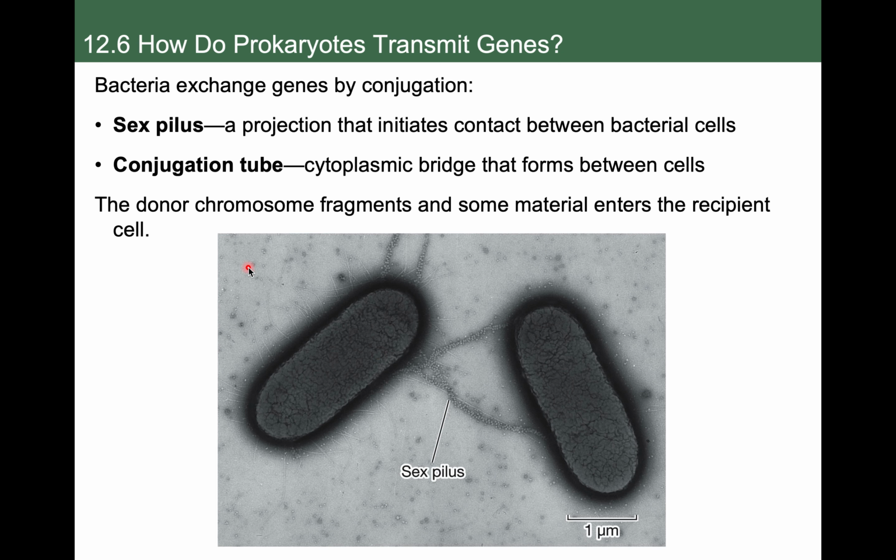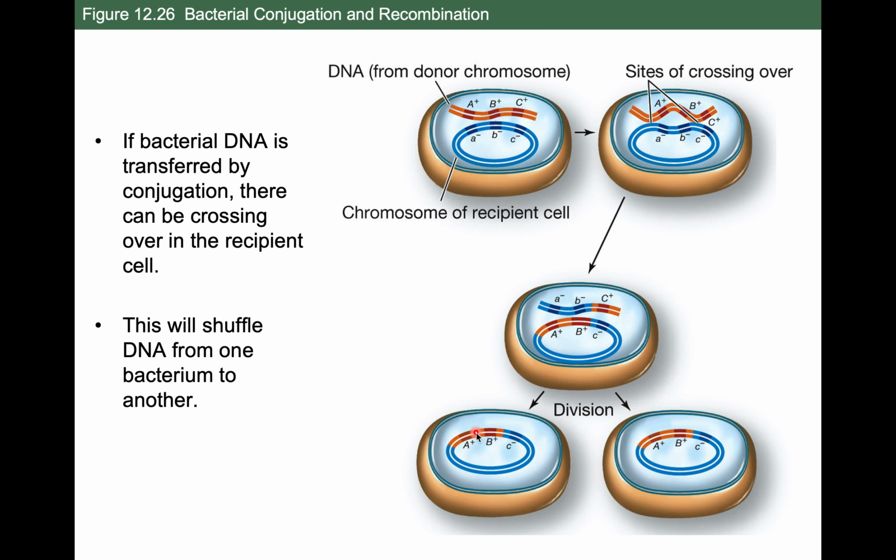I guess I sort of used the wrong terms there. So just to clarify, technically the sex pilus is really just the pili, these projections that initiate the contact that then leads to the conjugation tube, which is actually allowing the passage of DNA.